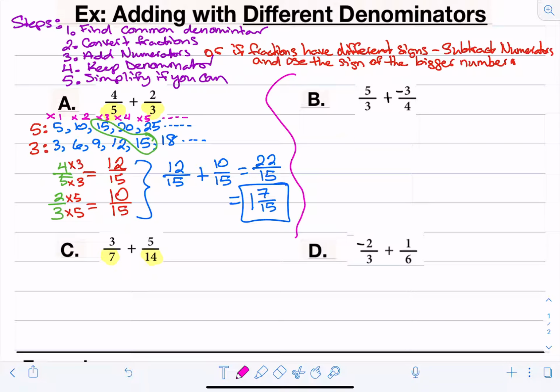I need to find the least common multiple. So I have my 7 and I have my 14. And I'm going to times it by 1, times it, here, let me bring that down a little bit. So I have my 7 and I have my 14. So I'm going to times it by 1, times it by 2, times it by 3, and so forth.